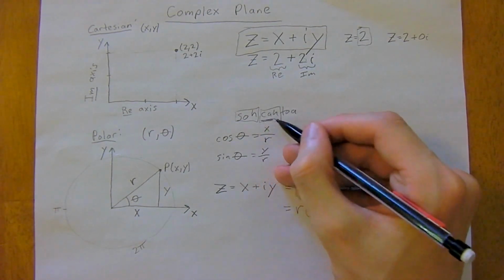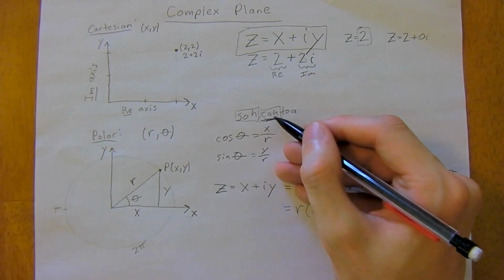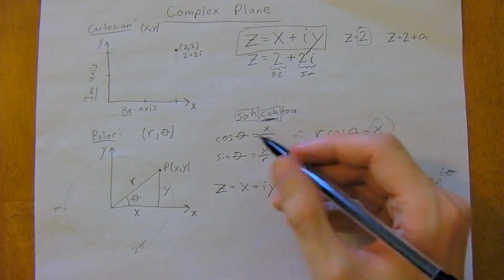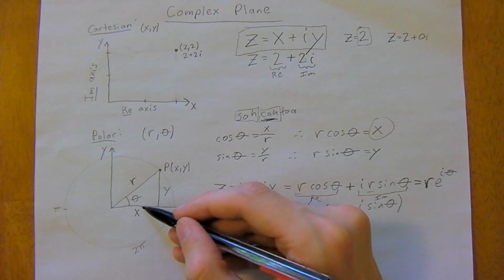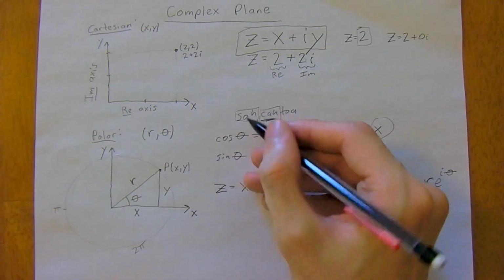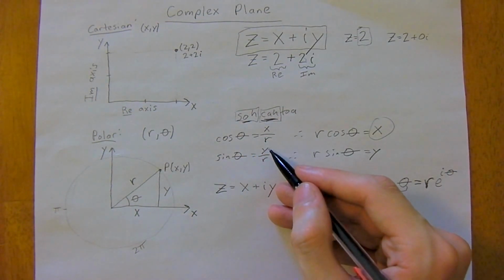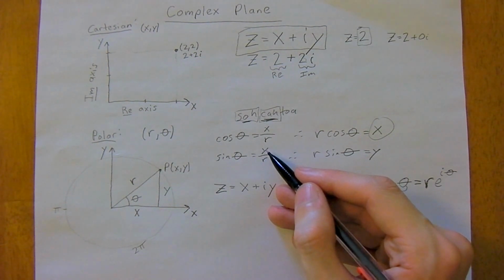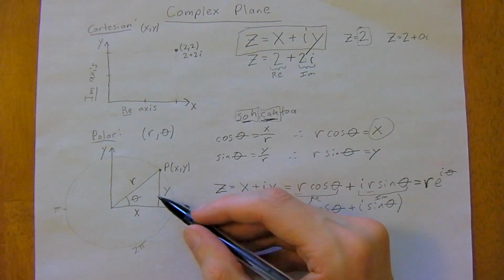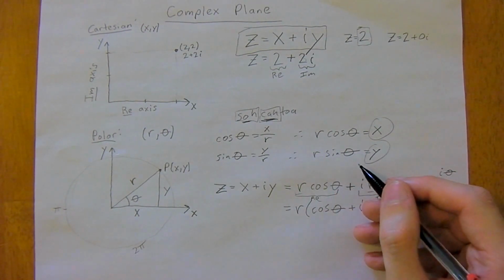So cosine theta equals the adjacent divided by the hypotenuse, so the adjacent is x, hypotenuse is r. And then likewise, sine theta equals the opposite over the hypotenuse, so y divided by r, simple rearrange, and y is equal to r sine theta.